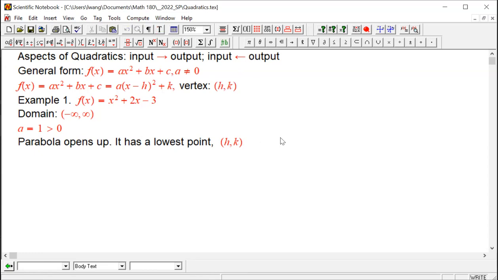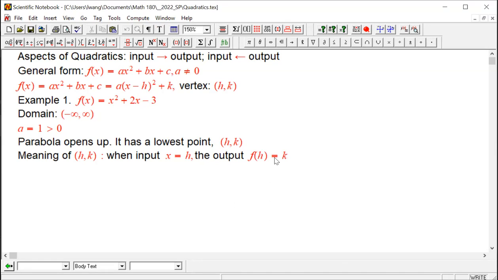The meaning of (h, k) is basically telling us that when the input x is h, the output is f of h, and f of h is k, okay?